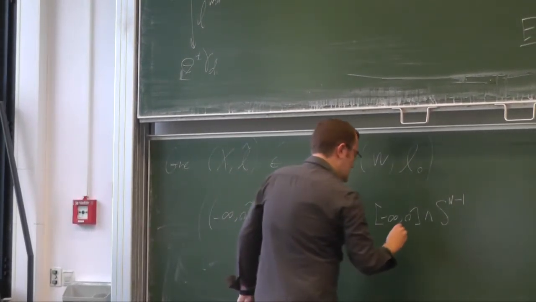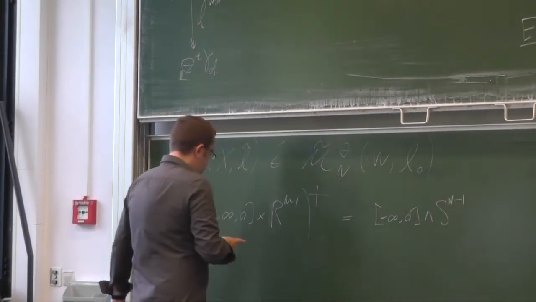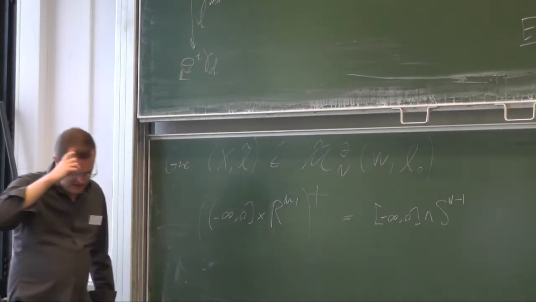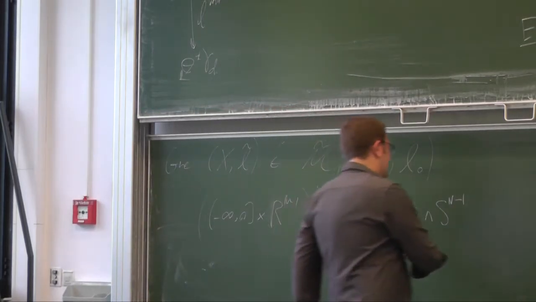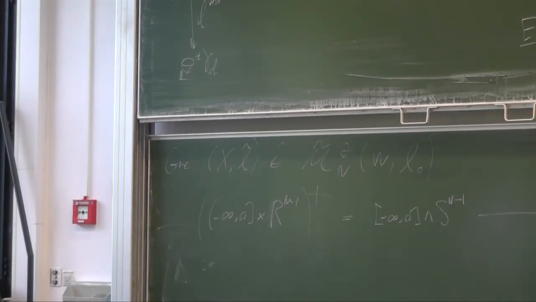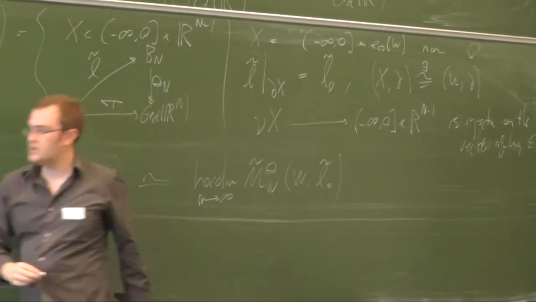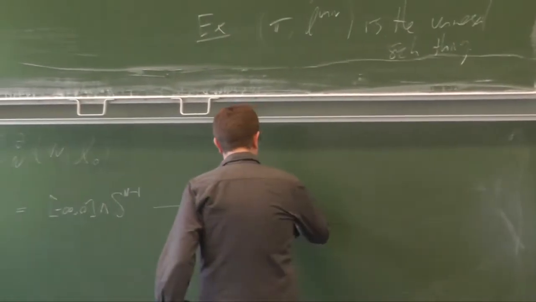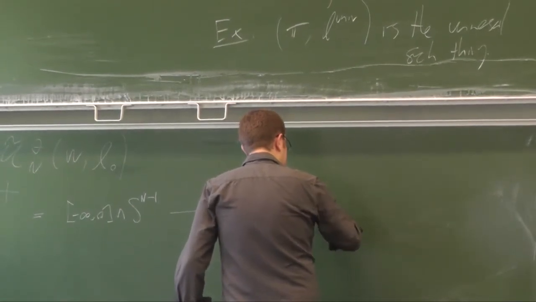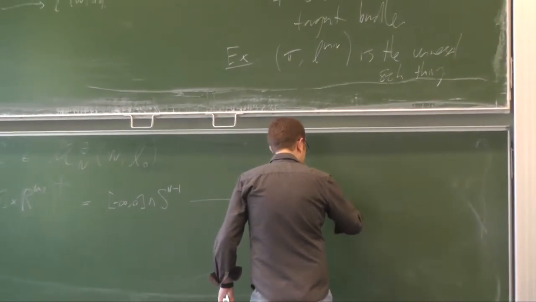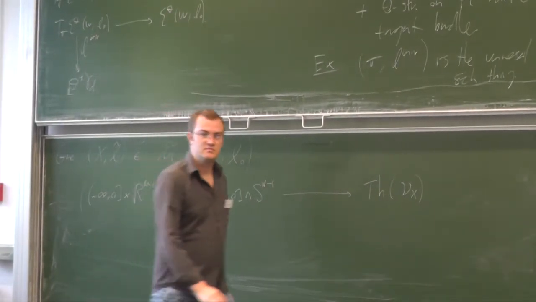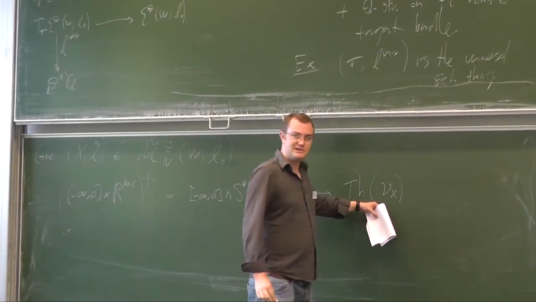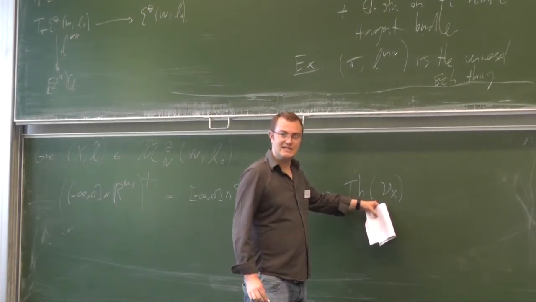Okay? Now, one point compactification is contravariant, right? So I can collapse down the complement of this tubular neighborhood of length 1, and I get a canonical map to the Thom space of the bundle nu x. Right? Thom space is what? That's the unit disk bundle modulo the sphere bundle. And that's exactly what I'm dividing out by.